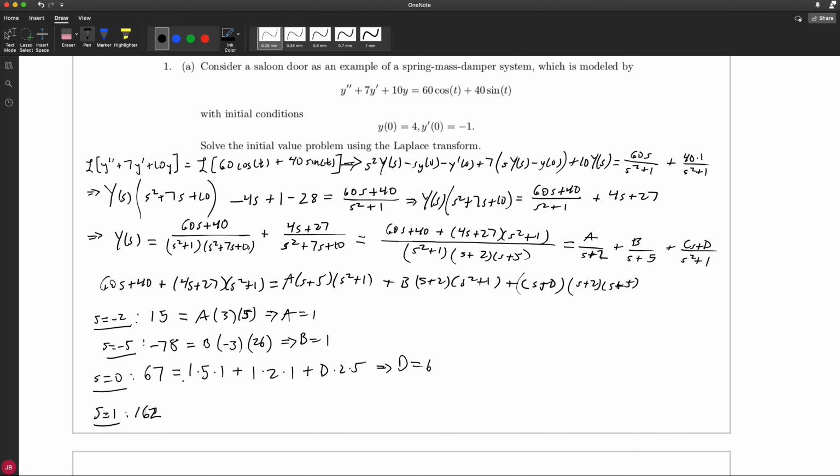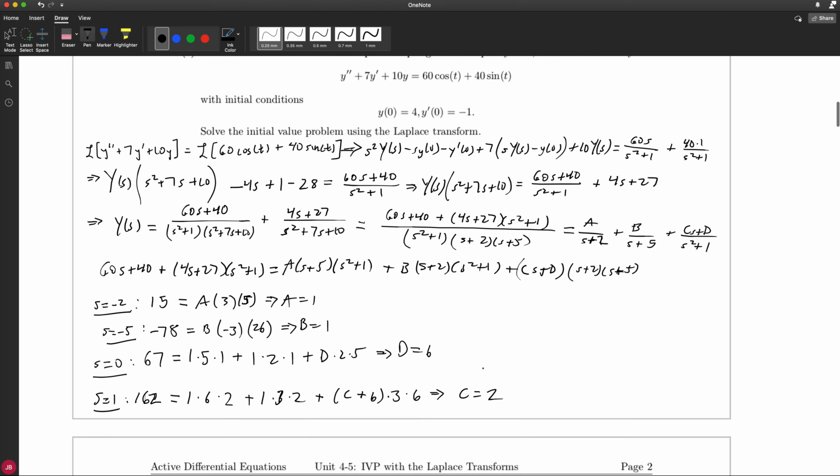And on the right-hand side, I get a, which is 1 times 6 times 2, plus now b is 1 times 3 times 2, plus, and now c times 1 plus 6 times 3 times 6. And all of this implies that c is equal to 2. I'll leave you to verify that.